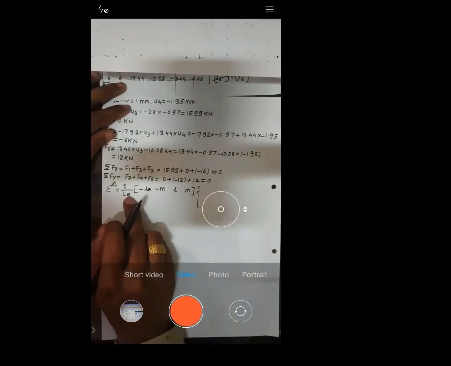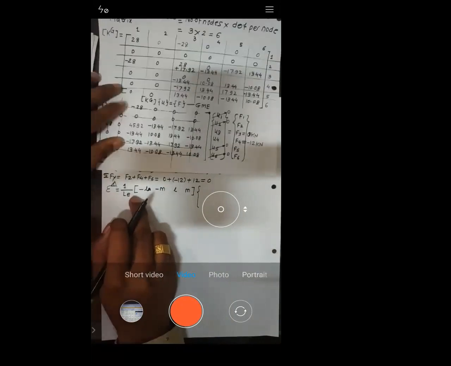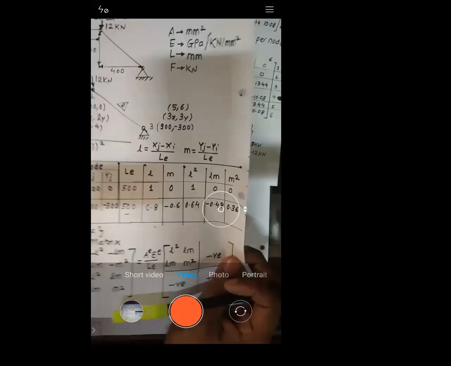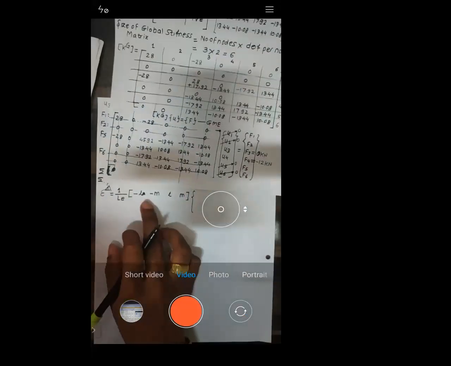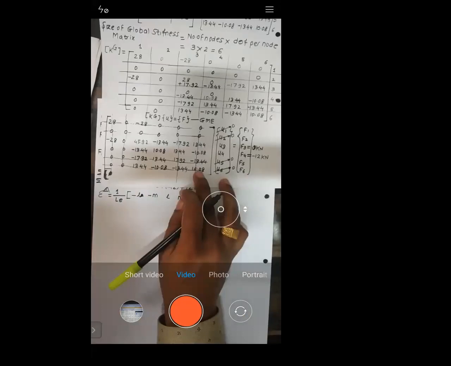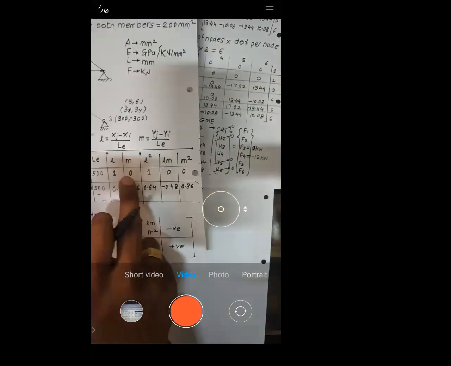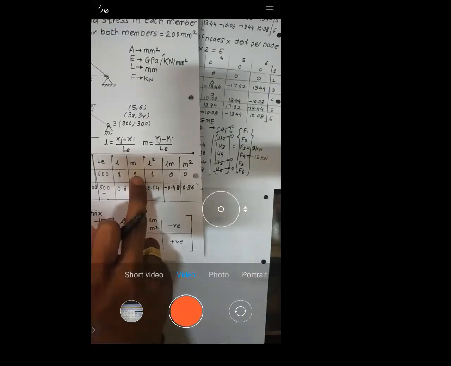What is LE? It's the length of element, which we have already calculated and is known. We have already calculated L and M, so we can put minus L, minus M, L, M.